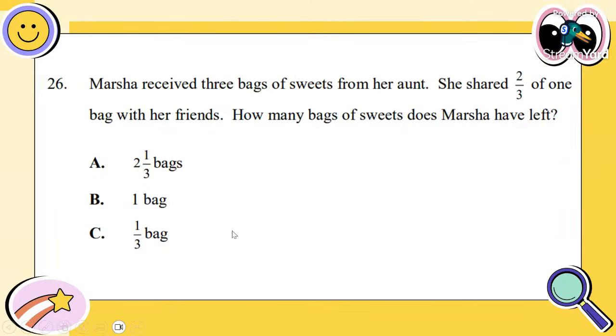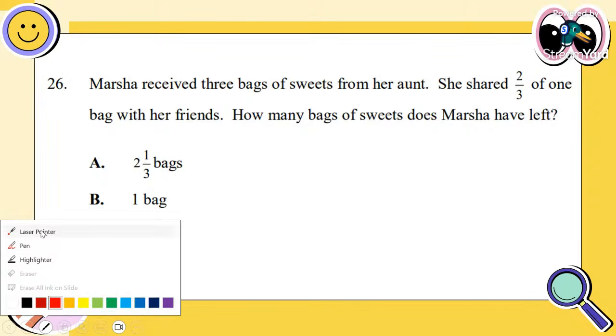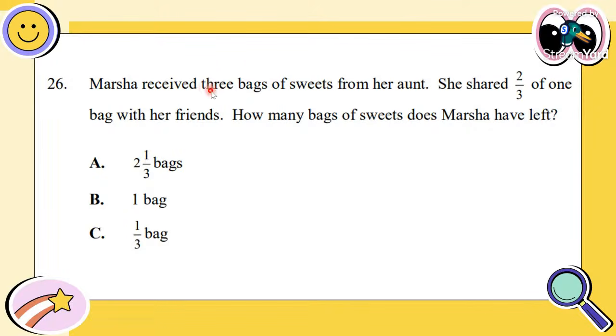Next question says, Marsha received 3 bags of sweets from her aunt. She shared 2/3 of 1 bag with her friends. How many bags of sweets does Marsha have left?